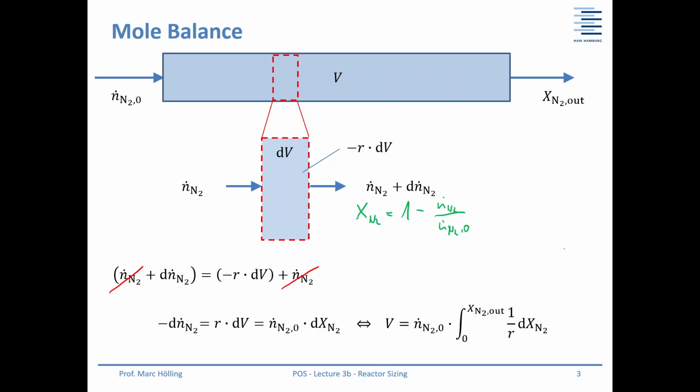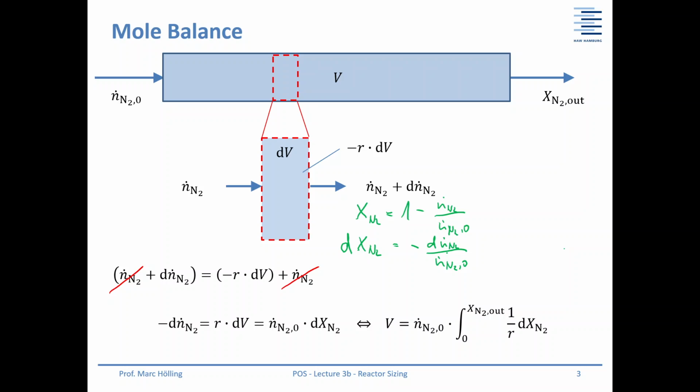If we want a very small change of our conversion, the inlet value is constant, so this cancels out, and you have minus d n dot N2 over n dot N2,0.